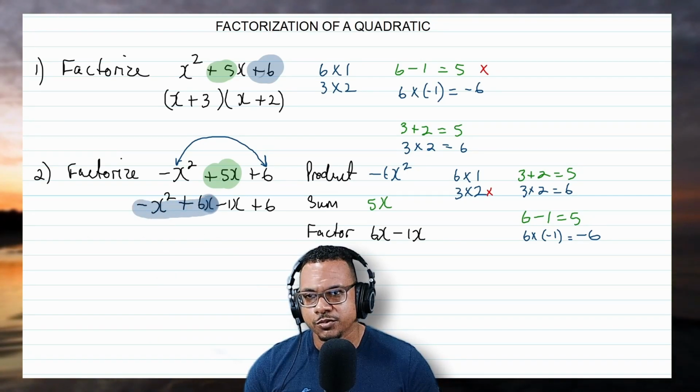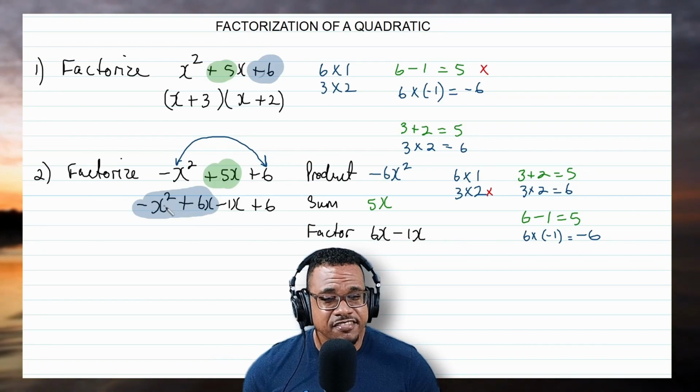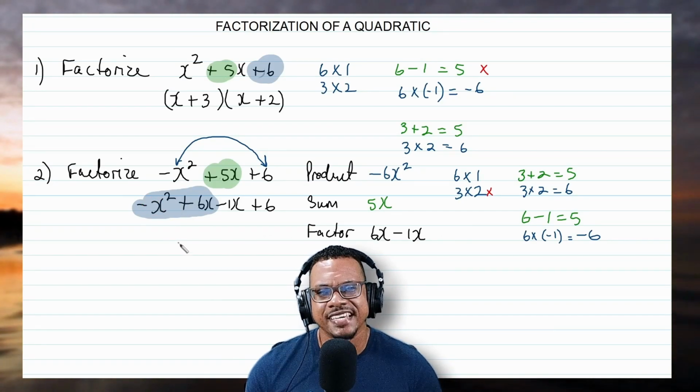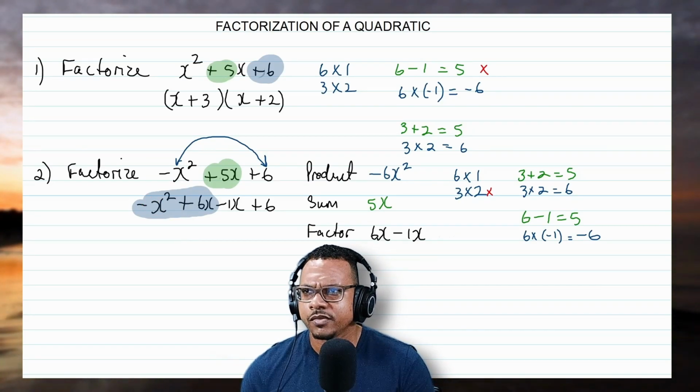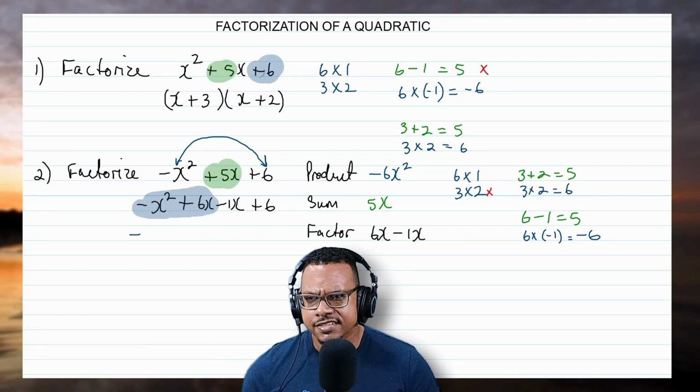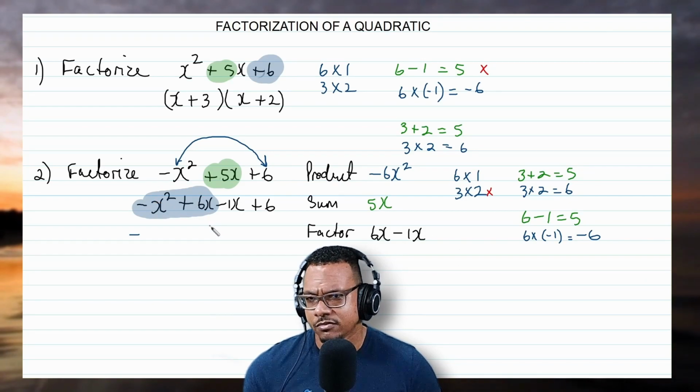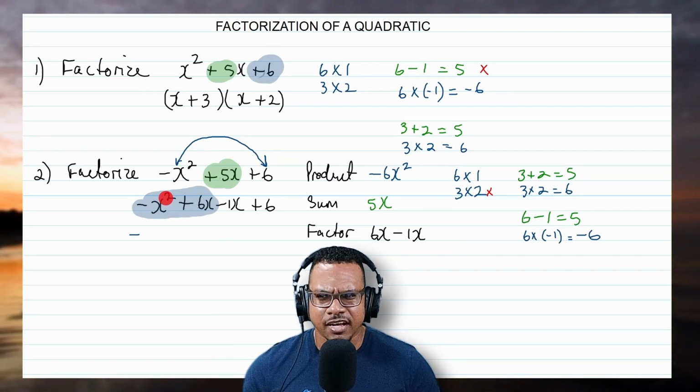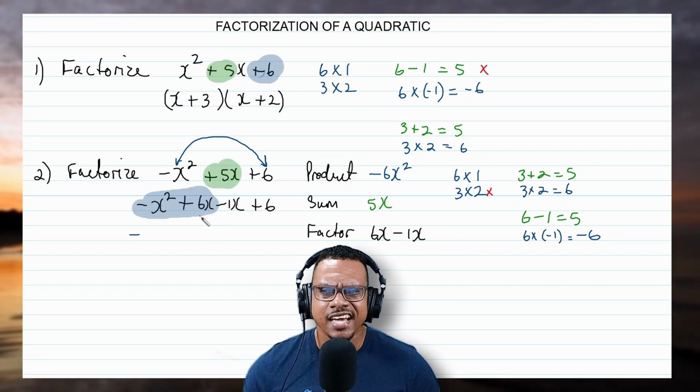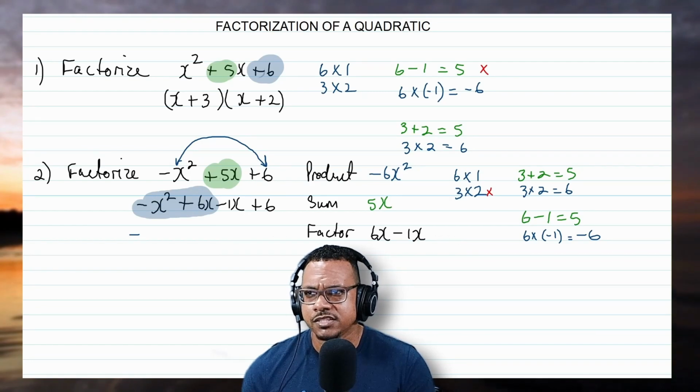So I'm going to look at the first two terms. My first term is negative, so my HCF would be negative. So I'm going to put my negative sign. And then I'm going to say, okay, what's common between these two terms? Or what's the highest thing that can go into these two terms here? So I have x squared and 6x. So x is common to the two terms, the highest thing that could go into both. So I'm going to write x, open brackets.